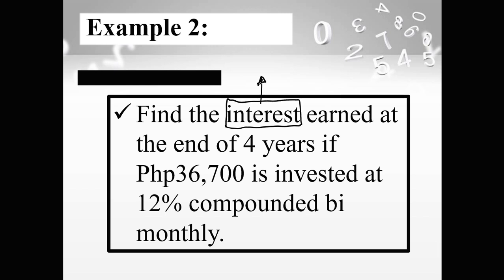So since we need to find the interest, yan, nawawala po natin ay I. Okay. Next, at the end of 4 years, of course, 4 is our time. If 36,700 pesos is invested. So 36,700 will be the principal amount at 12%.